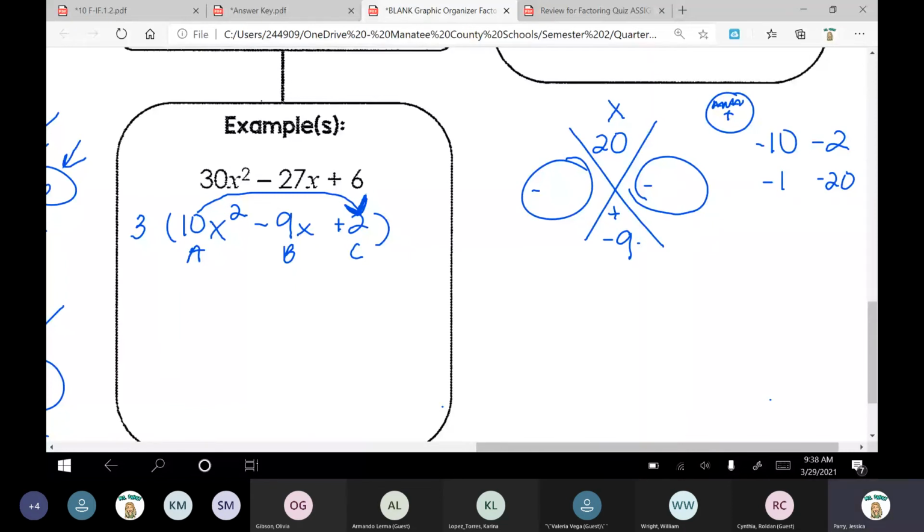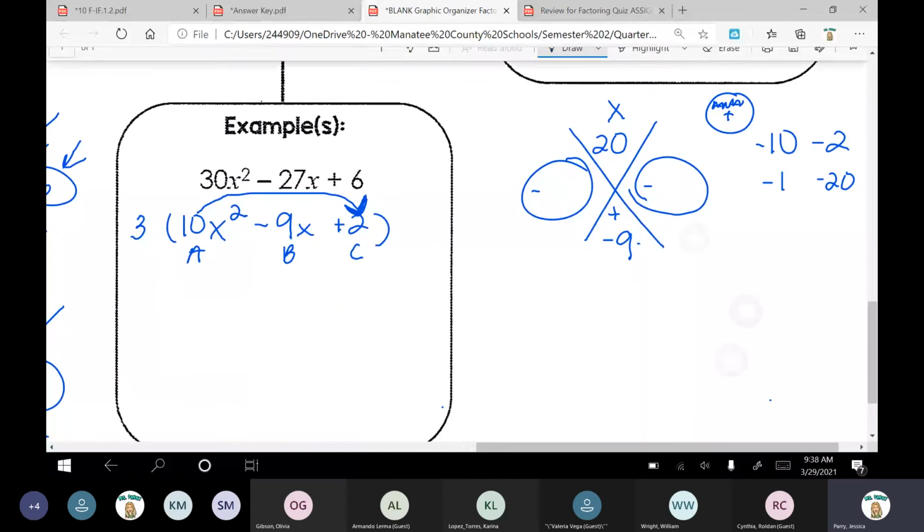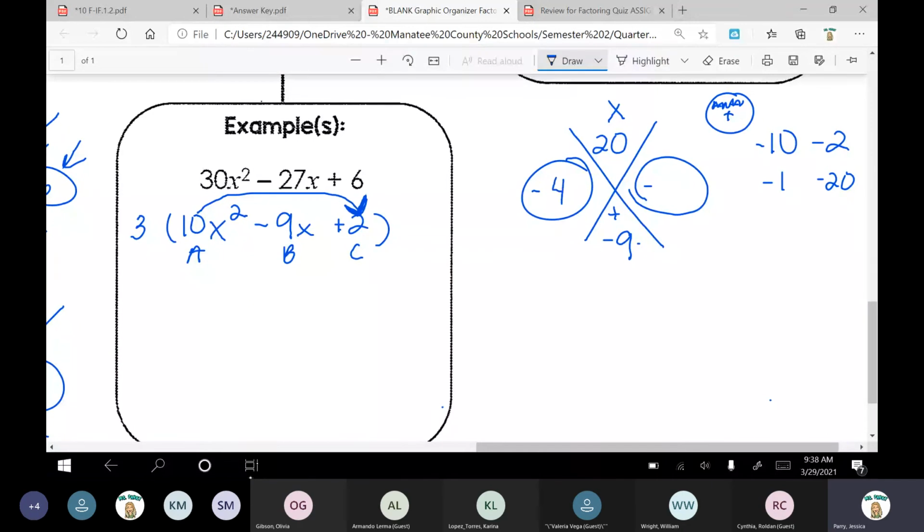Is there anything else that we could multiply to get 20 and then add to negative 9? And if you flip your numbers around, 2, 10, 20, and 1, it's the same thing. So let's not do that. You're going to get a whole different set of numbers. Let's see the 4 and the 5. So let's see negative 4 times a negative 5, or you can even rearrange it.